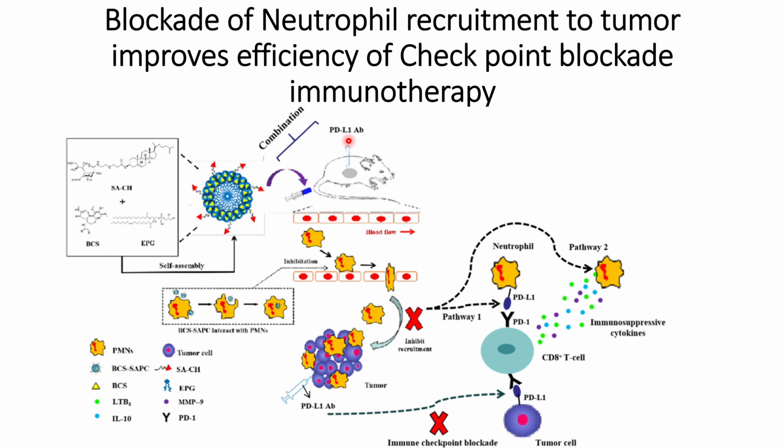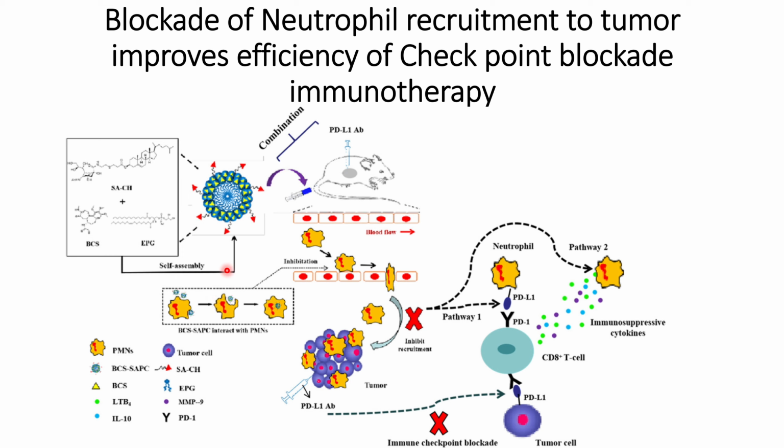So the combination of the PD-L1 antibody and BCS SAPC is injected into the mice. The function of the BCS SAPC complex is to prevent the neutrophil recruitment to the tumor cells.